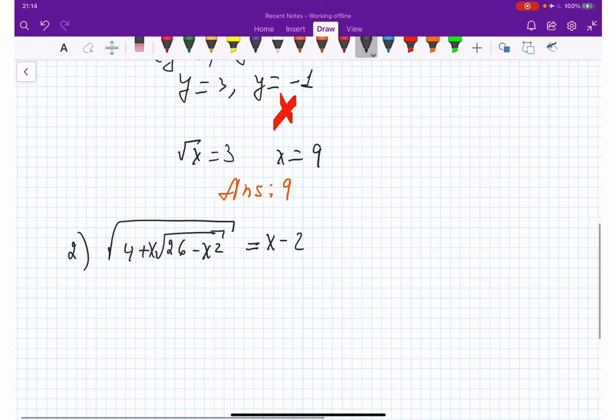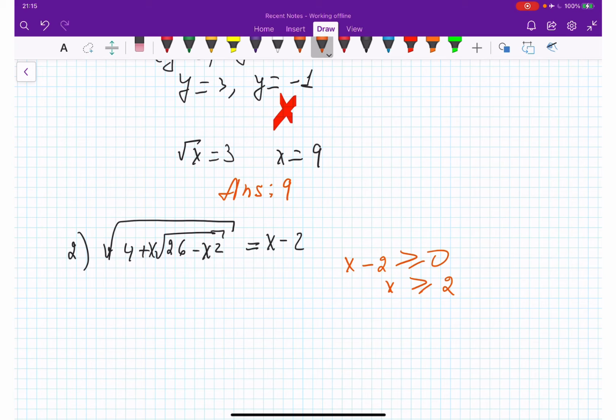Before we start solving, let's pay attention that the right side of the equation, which is x minus 2, cannot be negative, it can be only positive or 0, because on the left side we have a square root, right? Therefore, x has to be greater or equal than 2. So let's remember this condition.